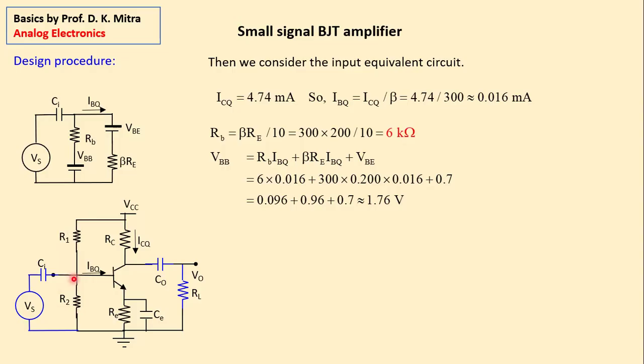Of course, here you have many options. For example, let us consider VBB is 5 volt, hypothetically. Then VCC is 10 volt, and you want 5 volt here. So if you take two equal resistances, then it will become 5 volt.